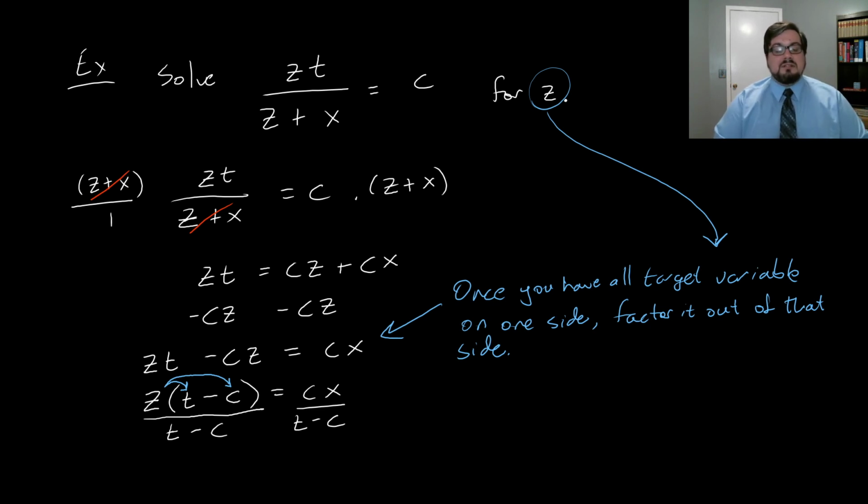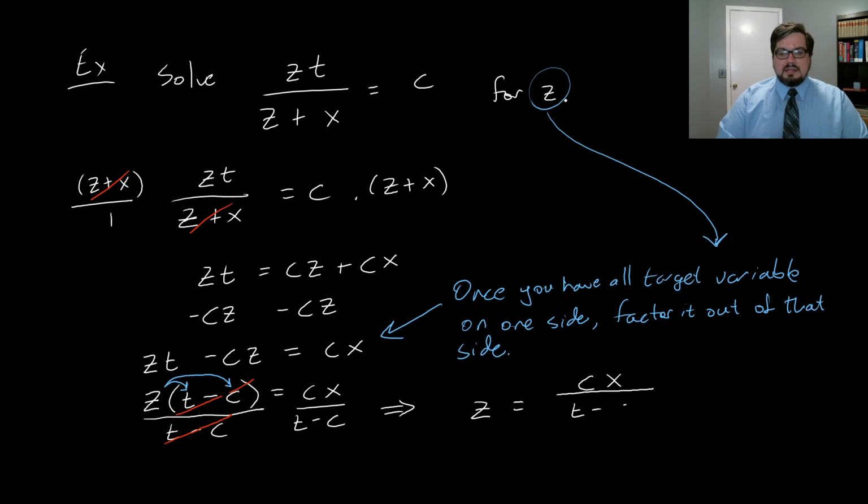Now, it's only helpful to divide by expressions that are factors of whatever side you're working with, but that's the case here. t minus c is a factor of the numerator on the left, and so it will cancel with the factor of t minus c in the denominator. And so as a result, we get that z is equal to cx divided by t minus c.